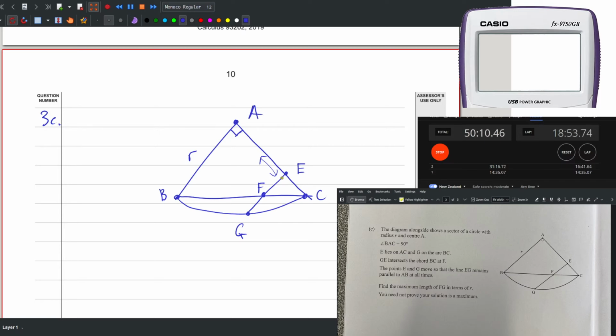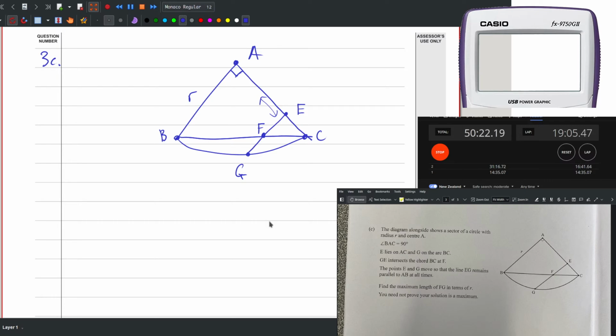Okay, so yeah, I guess the idea with this one is you can do this synthetically, I guess. Yes, okay, so say BC is the x-axis.